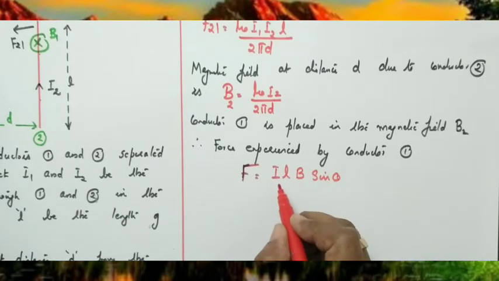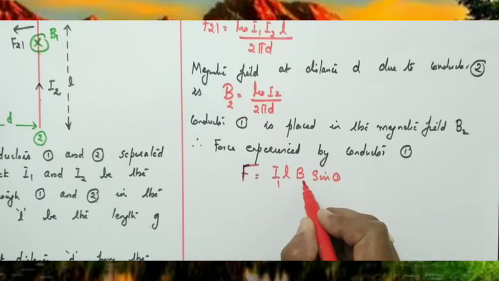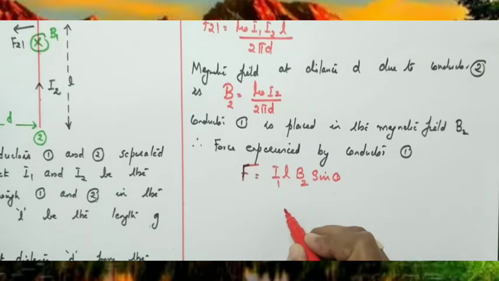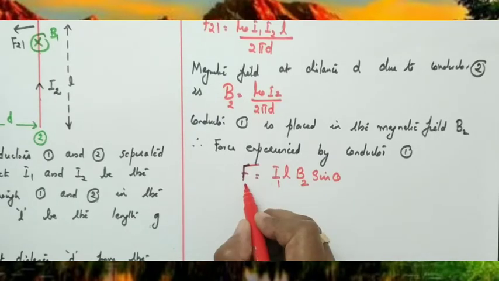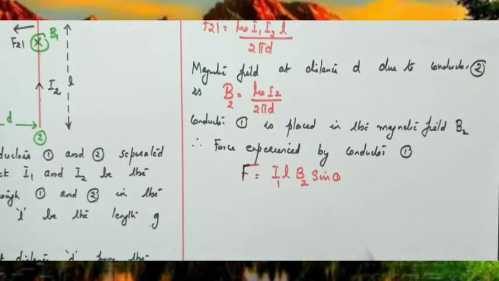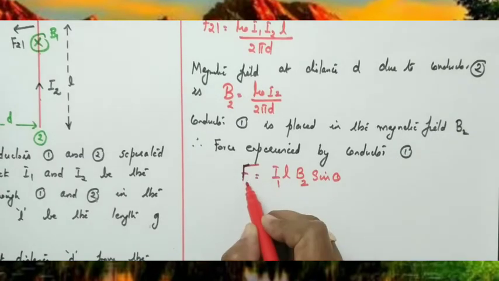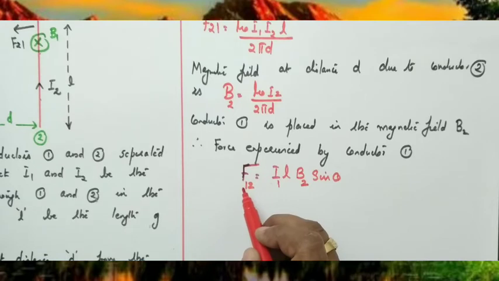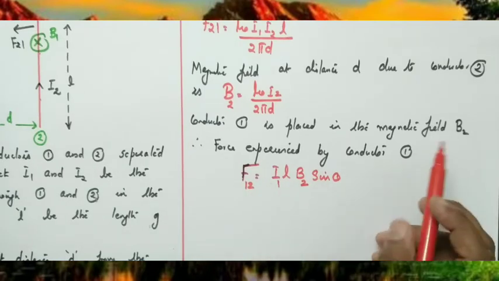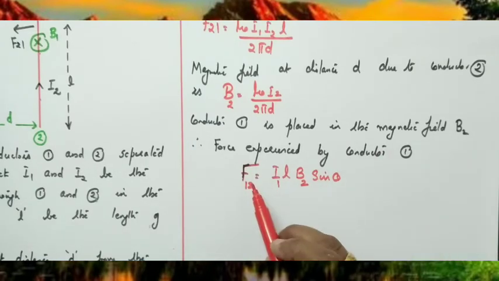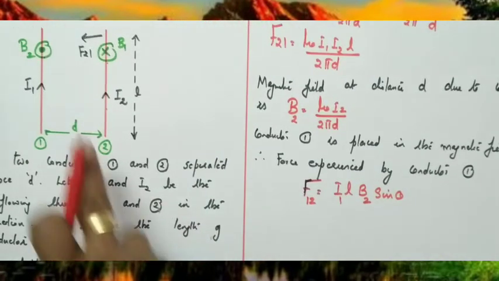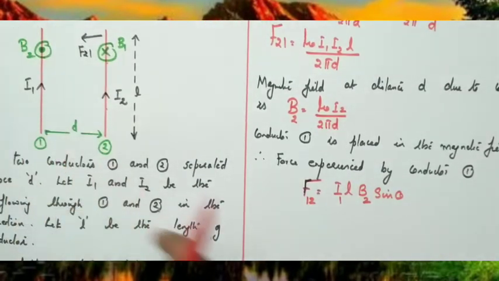So here the first conductor is placed, no? Therefore I1. The magnetic field is provided by the second, isn't it? Therefore B2. Clear? Here the force is acting on which conductor? Acting on the first conductor. Therefore F12. So what is F12? The force acting on the first conductor due to the magnetic field provided by the second. Here also theta means the angle between length and magnetic field. So length and magnetic field are perpendicular.